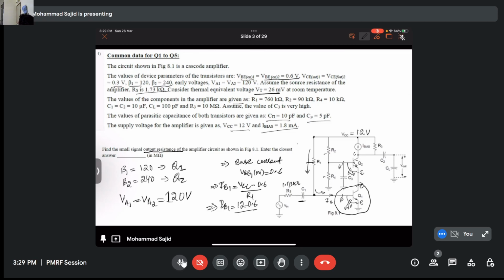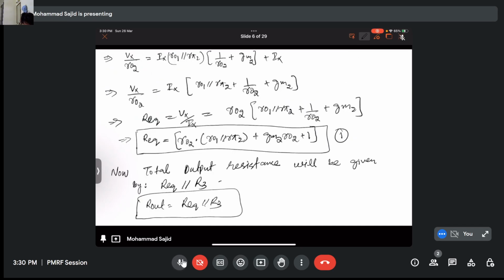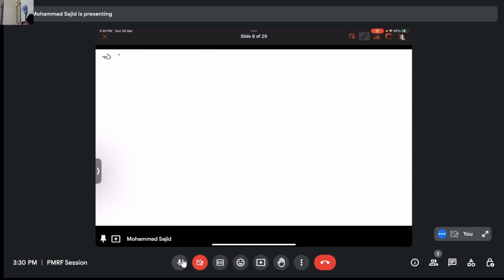R1 is 760 kilo ohm. So when you calculate it, IB1 comes out to be 15 microampere. Now note that, IB1 is equivalent to 15 microampere.